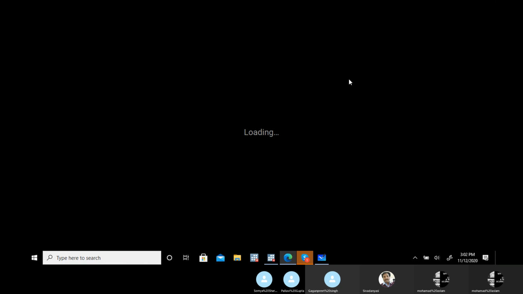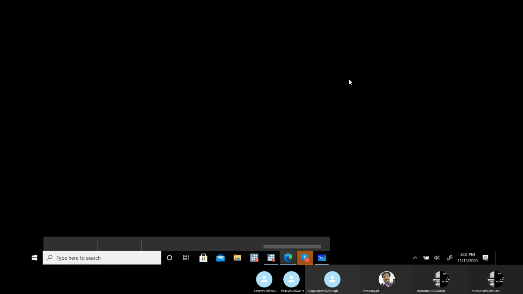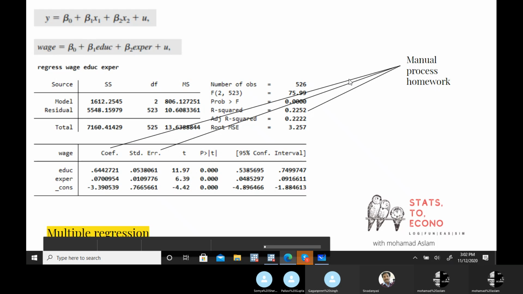Generally, when we have more than one independent variable, we call it multiple regression. Earlier in the bivariate case, we did the example of the impact of education on wages. Let's suppose now I have added one more variable, experience.